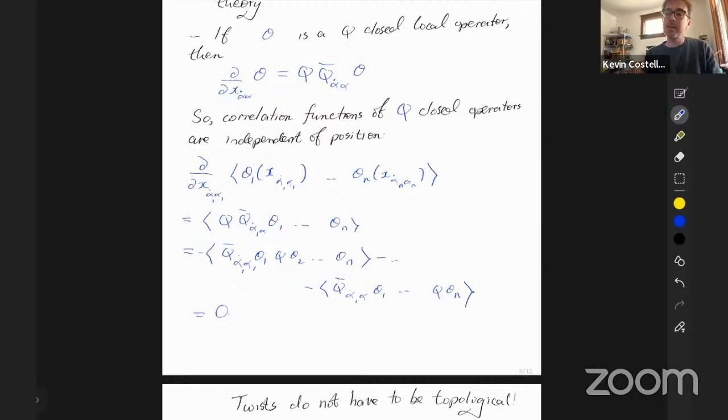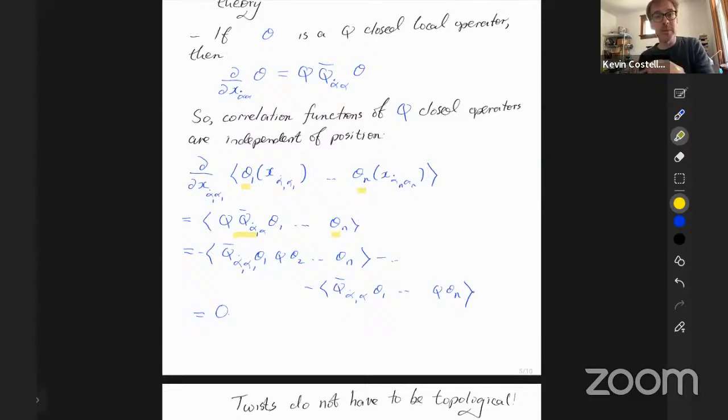So let's see this explicitly. I'm assuming these operators are all Q closed. And I differentiate with respect to the position of the first one. Now, I move the derivative inside the bracket, and I replace it by Q Q bar of the first one there, and then the other ones. And because Q is a symmetry, I can distribute Q over the other operators instead.